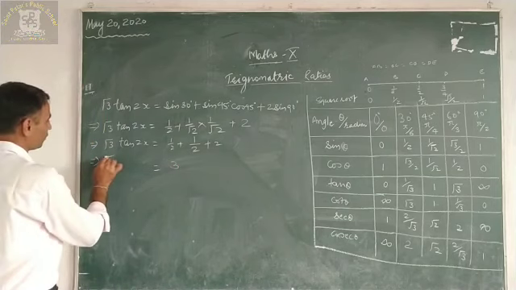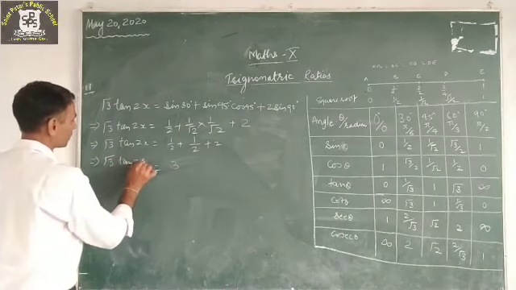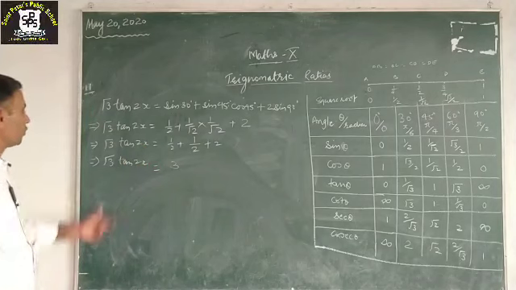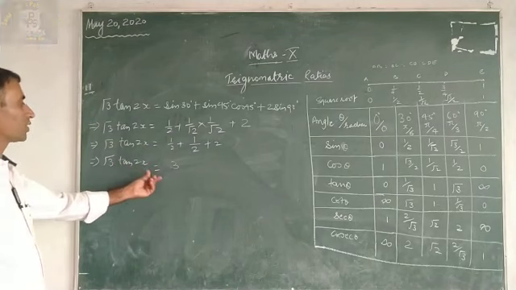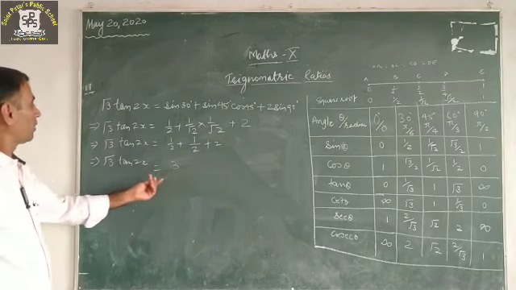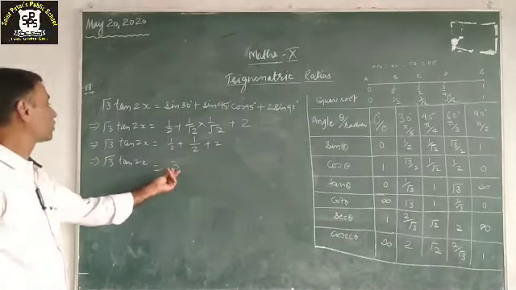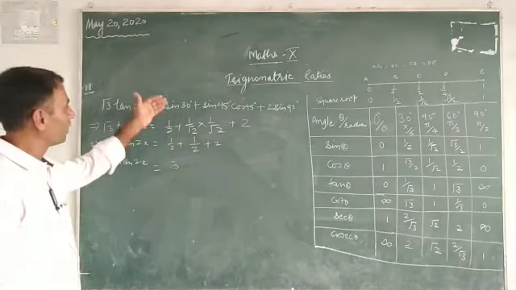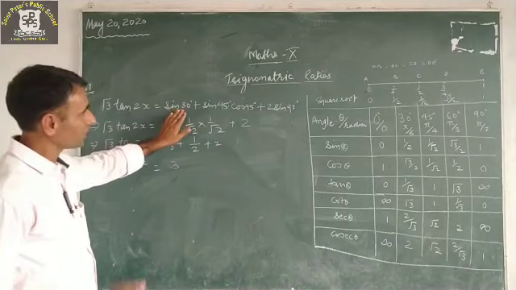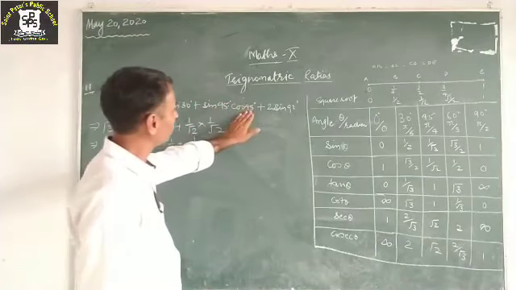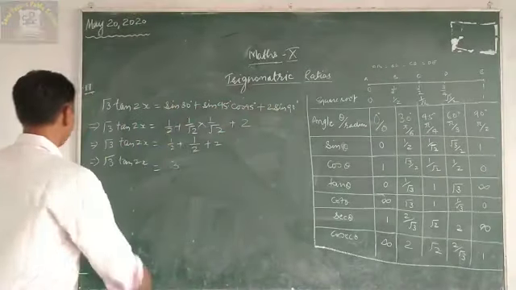In the left hand side, root 3 into tan 2x. So root 3 into tan 2x is equals to 3, from where I did get the value 3 by putting the values of sin 30, sin 45, cos 45 and 2 sin 90.